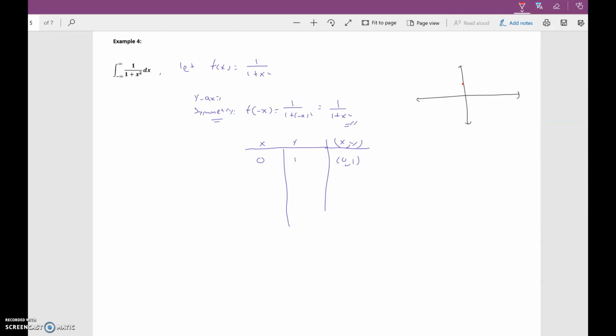And then plugging in 1, you're going to get that y is equal to 1/2. And at negative 1, y is also equal to 1/2. So 1 comma 1/2, and then negative 1 comma 1/2. So we're going to get these values about here.